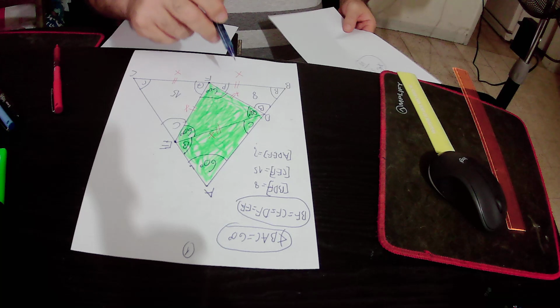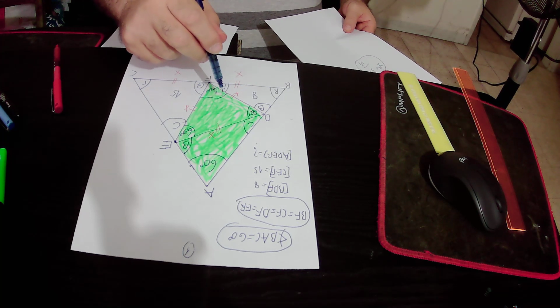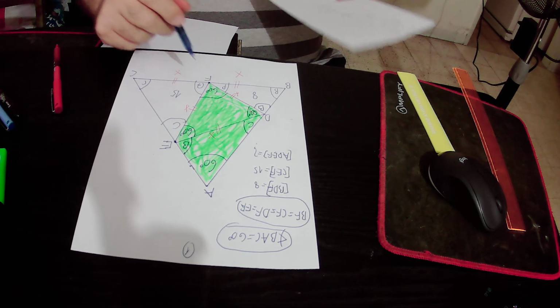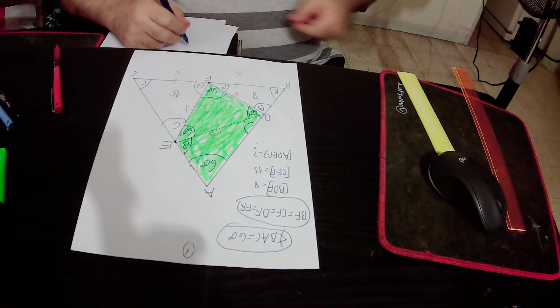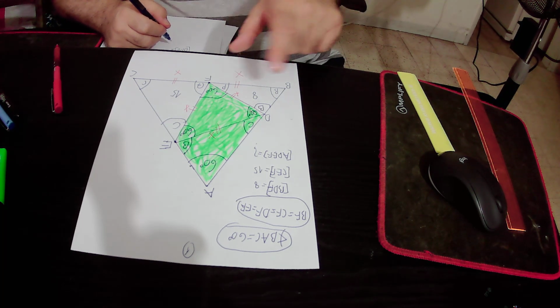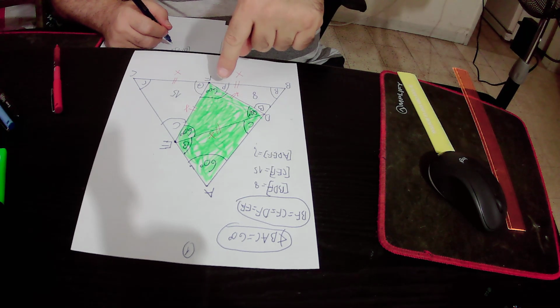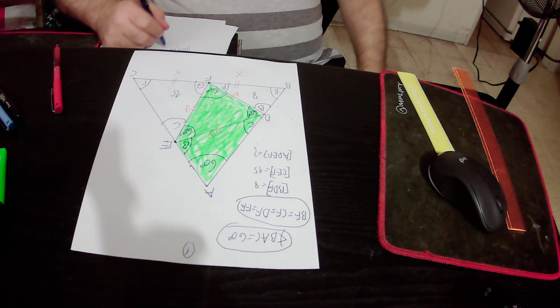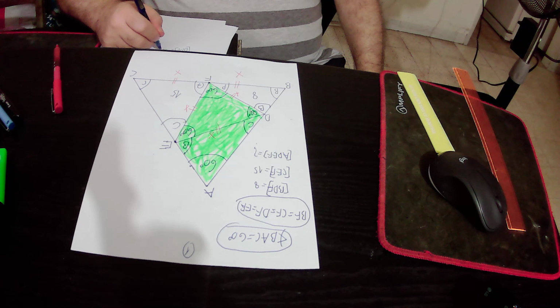In the next step we will find the area of the equilateral triangle DFE. So the area of the equilateral triangle DFE will be equal to x times x times sine 60 over 2. X times x is x squared.